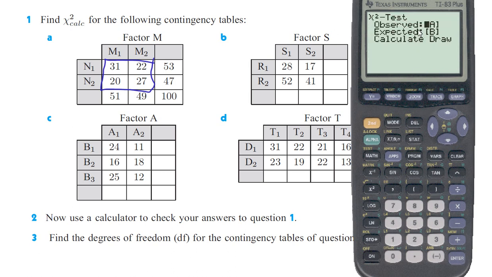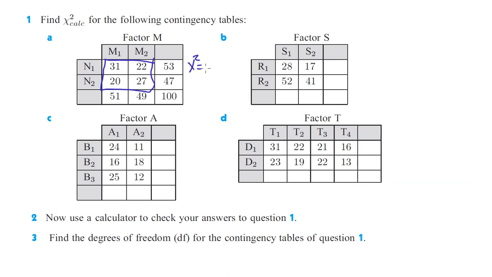Push enter, and we put our data into observed, matrix A. It will calculate the expected for us, but we just want to get down to calculate and push enter, and it gives us that our chi-squared value is 2.53. Okay, so for this one, we've got chi-squared equals 2.53.